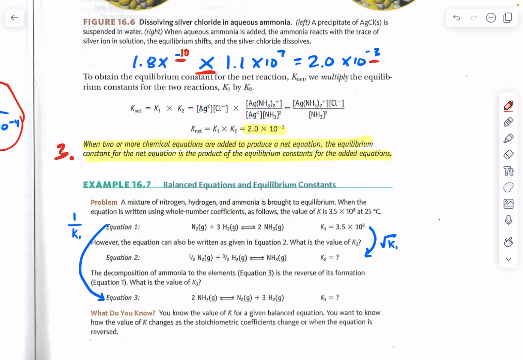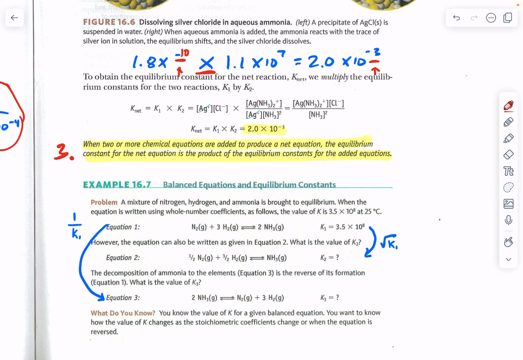So we've gone from 1.8 times 10 to the -10th, and now we're up to the 10 to the -3rd. So it's much more likely for this reaction to go to the right, compared to originally.